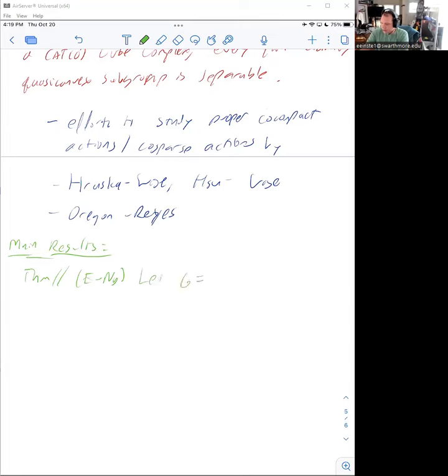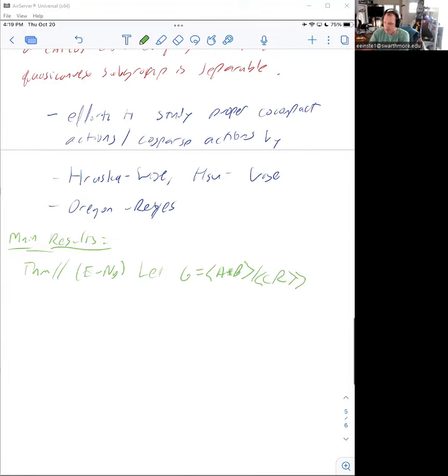Let G be A star B, and now we're going to take a quotient by some relator set R, where R satisfies the classical C'(1,6) condition.